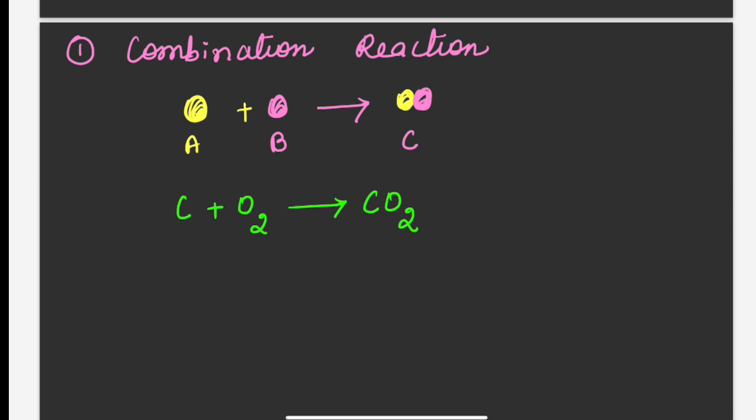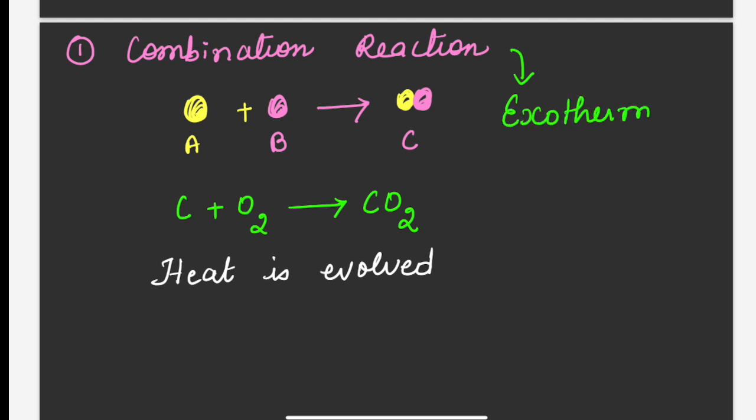And during such reactions you can see large amount of heat will be given out. So here heat will be evolved or given out. So most of the combination reactions are called exothermic reactions. Most of them are exothermic in nature.